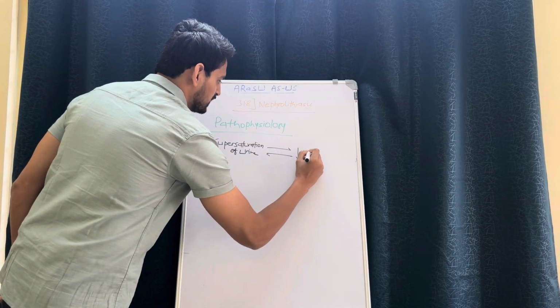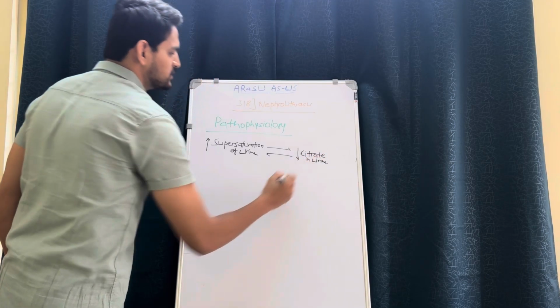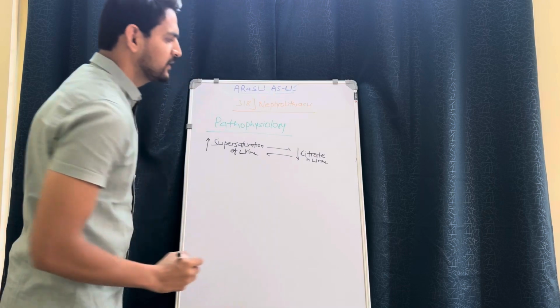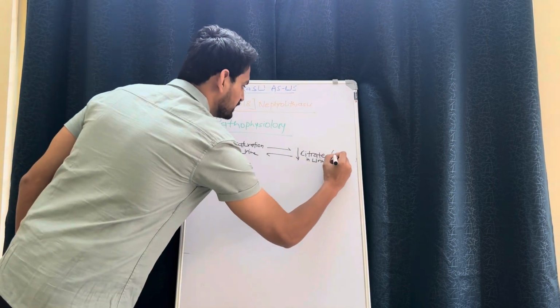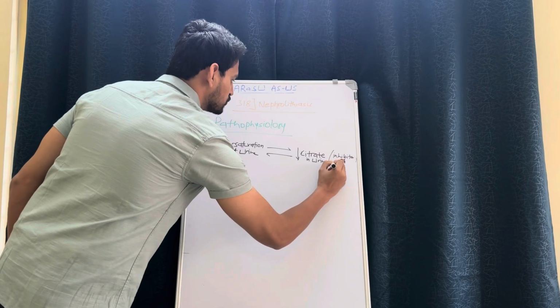Decreased citrate in urine, which we mentioned is a natural inhibitor of stone formation.